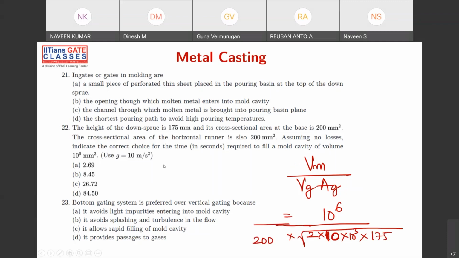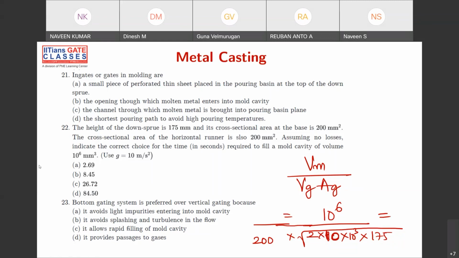Tell me what is his answer? Anyone? Guys, what is his answer? I don't have calculator. Please tell me. Somebody did calculation. Is it 8.45? Everyone is agreeing with that? Are you getting this 8.45? Please do the calculation.